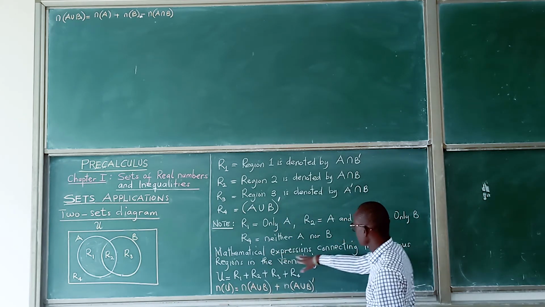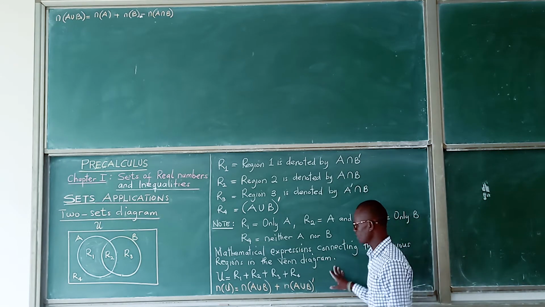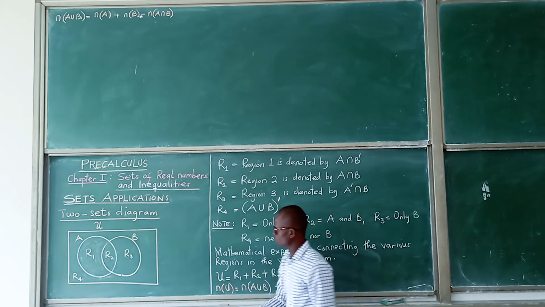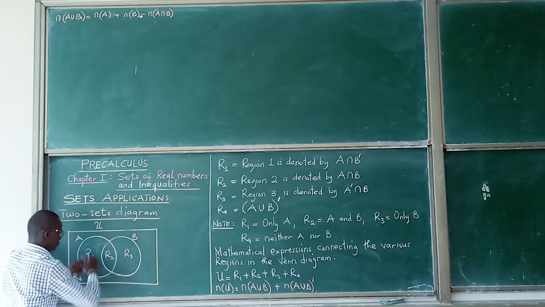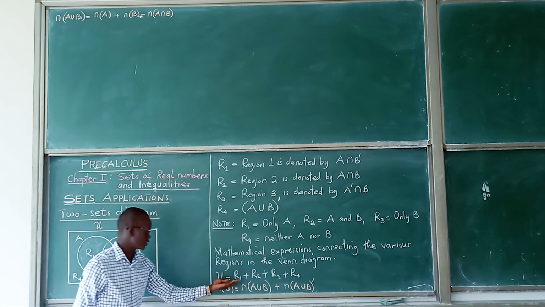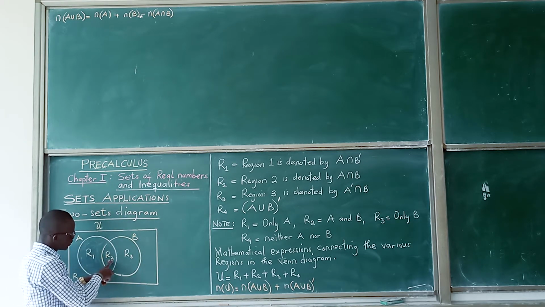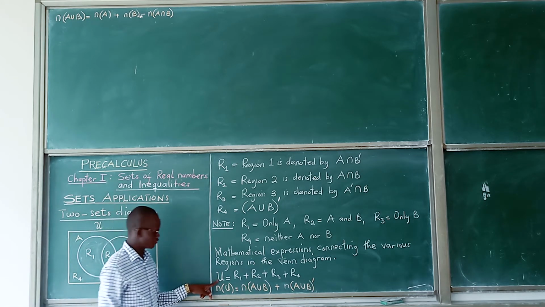So the mathematical expressions connecting the various regions in the Venn diagram include: the universal set U is equal to this entire diagram. Everything within this diagram represents the universal set. So R1 plus R2 plus R3 plus R4 give us the universal set.